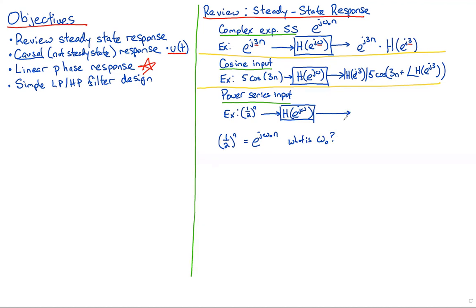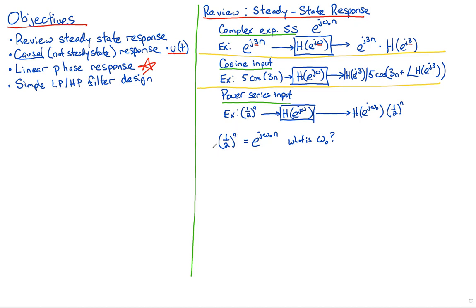And once we find it, we know that our output will be equal to H of e to the j omega naught, where omega naught is whatever the omega naught corresponding to this input is, times that input. So we just need to find out what our omega naught is here. And so to do that, we see that there's this e raised to something, so we know we're going to take the ln of both sides.